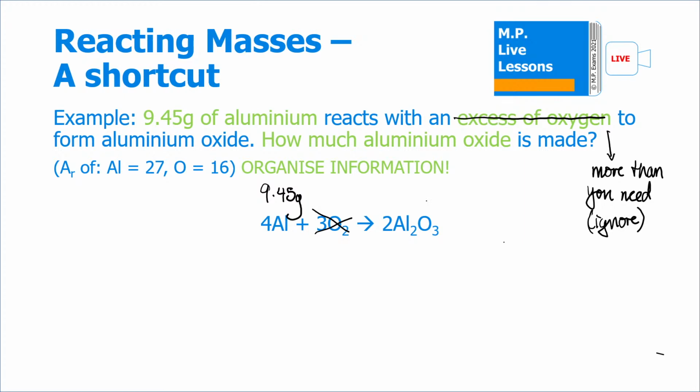And then we need to find out how much aluminium oxide is made. So that's the mass we want.